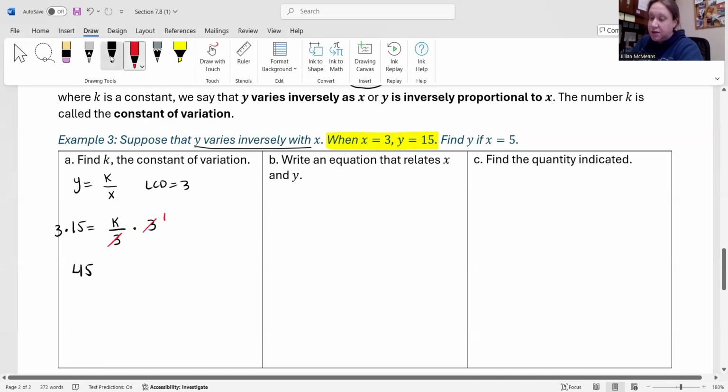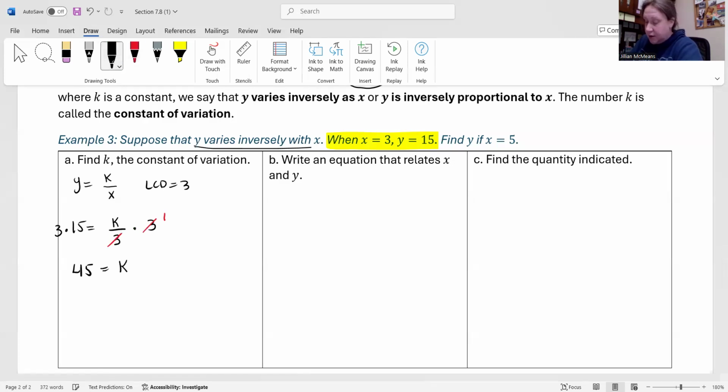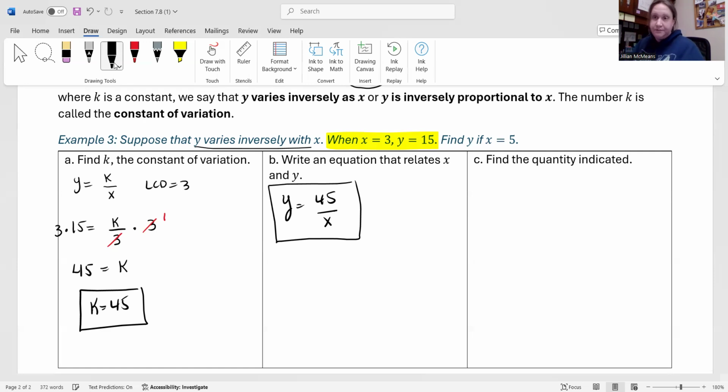So we're just left with 1 times k, or k. So now we know that k equals 45. Then part B says, now that you know what k is, write an equation that relates x and y. So I would get y equals 45 over x. That is our new equation.